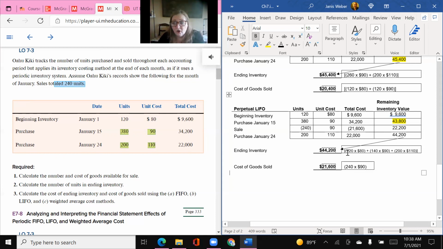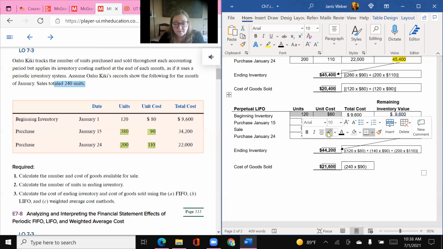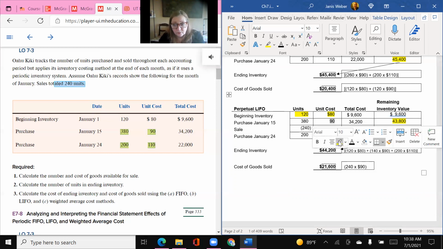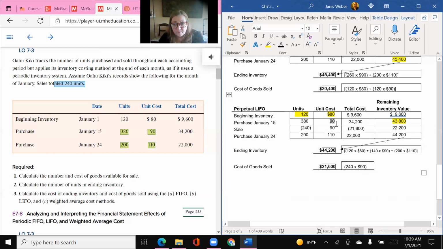We were left with all, under LIFO, we had still all of the beginning inventory. So that's still with us. Then we had 140 of this second $90 group. Part of that one was there. And then we had purchased these after the sale, so we still had all of them as well.